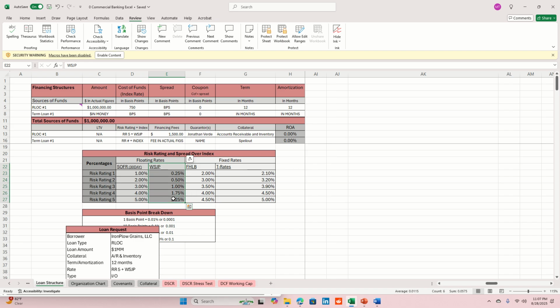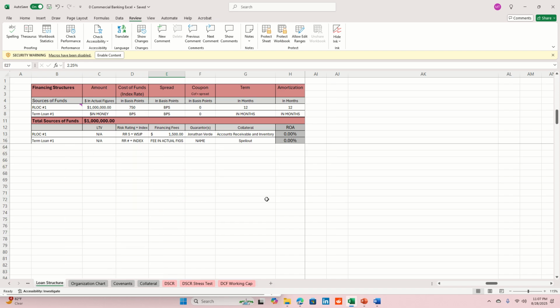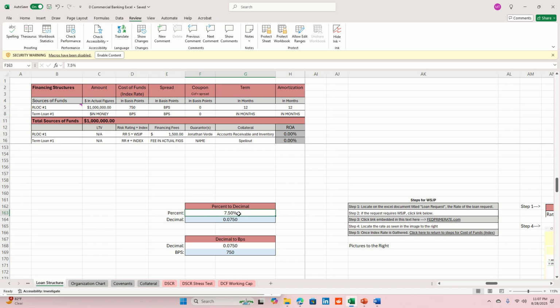So we're going to charge 2.25 above 750 bips. So let's go back down. All right, 2.25, which is going to get us 225 bips.